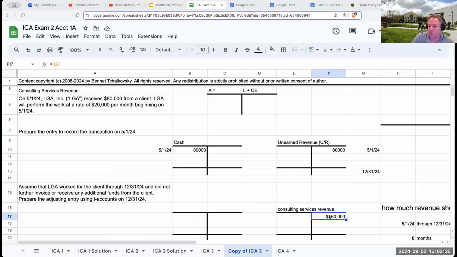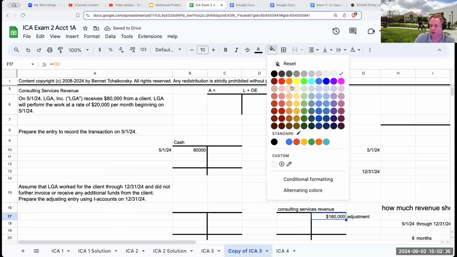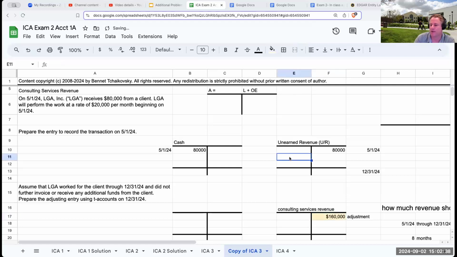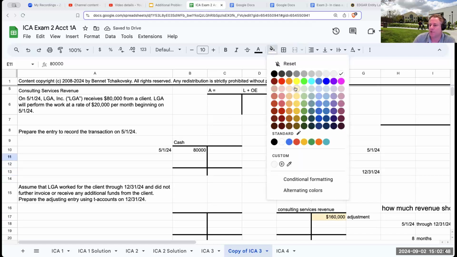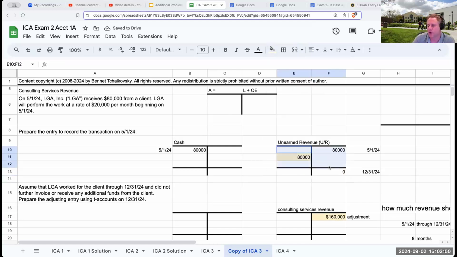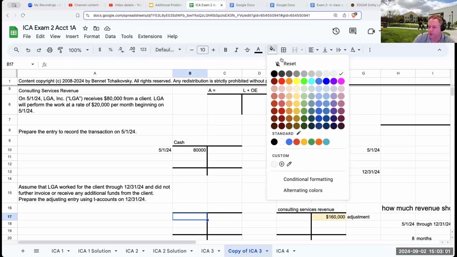So basically, when I'm crediting this amount at 12/31/24, my adjustment is 160 credit. For every credit, I need to have a corresponding amount of debits. So what I'm going to do here is, well, I've earned this unearned revenue. So I'm going to debit unearned revenue for $80,000, right? So again, this account now goes to 0. Now, when I look at this, I need to balance this equation.